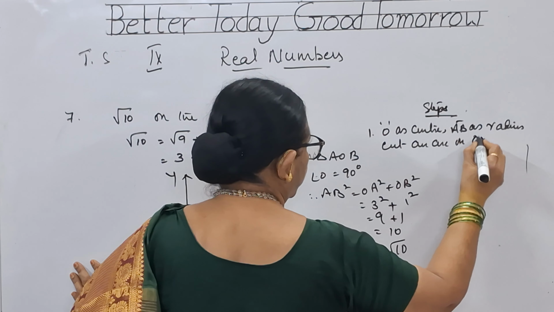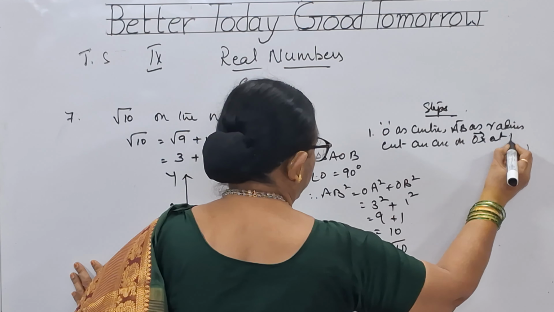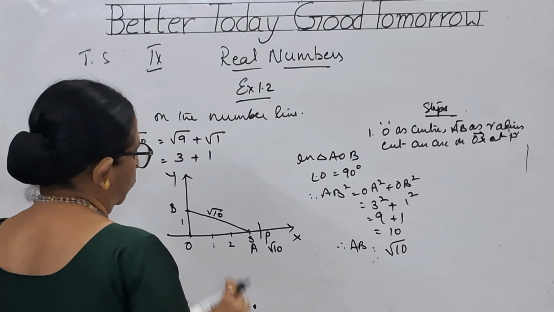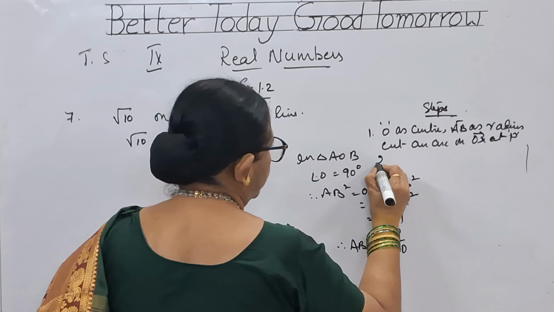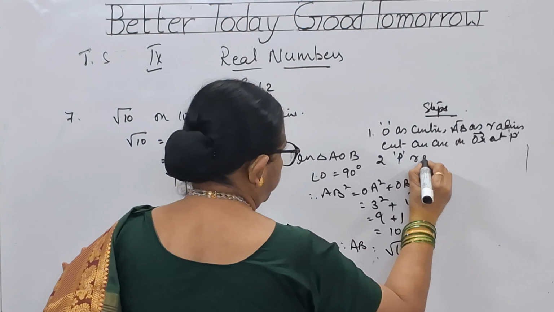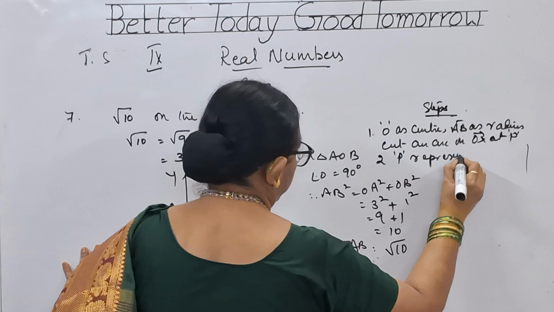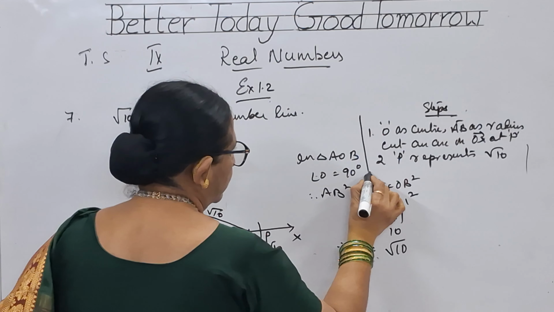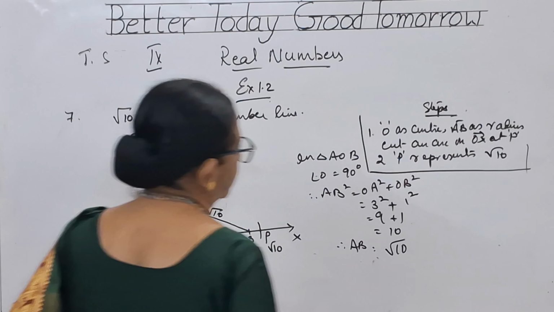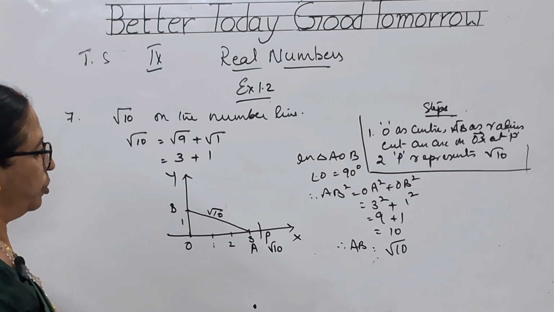On OX ray at P, O as center, AB as radius. Then what is this point? P represents root 10. So these are the two steps you will have to write for this problem, children.